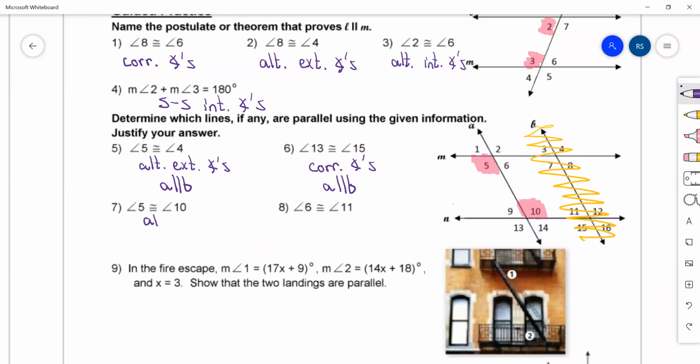They're on opposite sides, so it's going to be alternate, and they're inside, so alternate interior angles. Which means what two have to be parallel then? M is parallel to N. Let's erase our problem here.